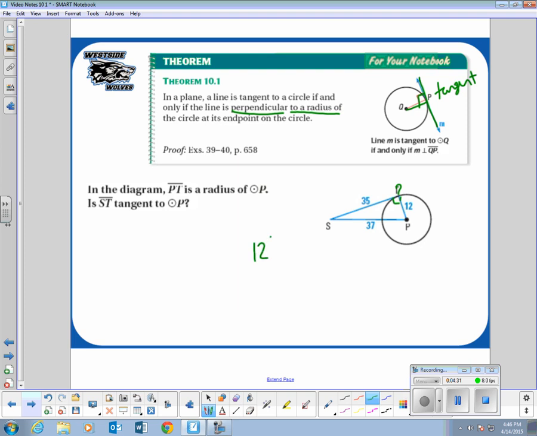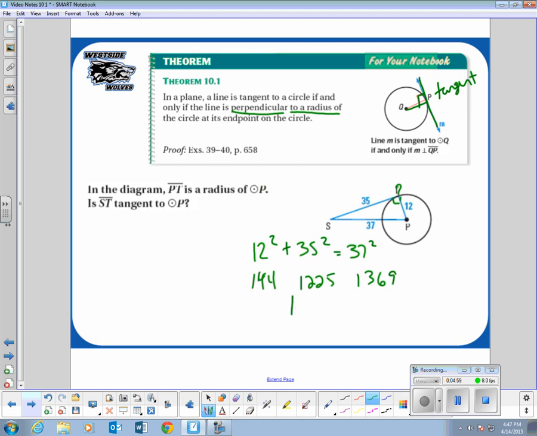that works. So 12 squared plus 35 squared equals 37 squared. If we do that work here, 12 squared is 144, 35 squared is 1,225, and 37 squared is 1,369.